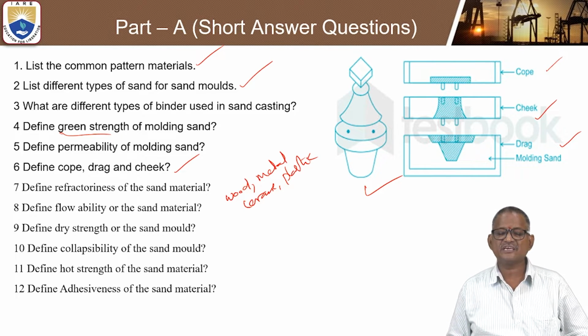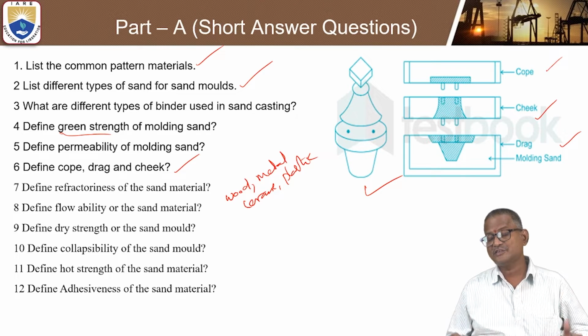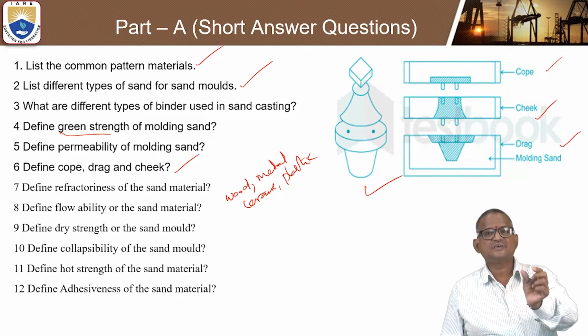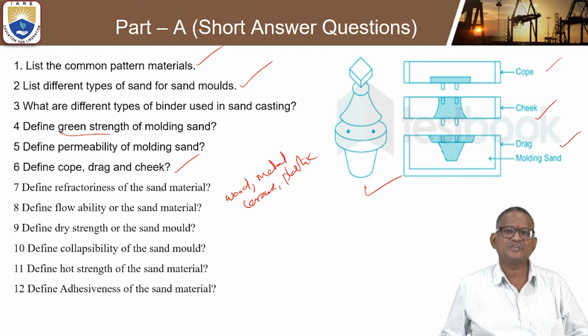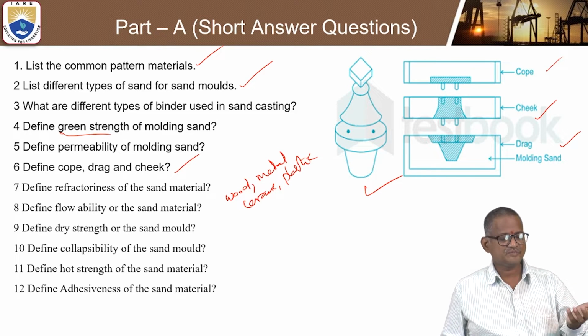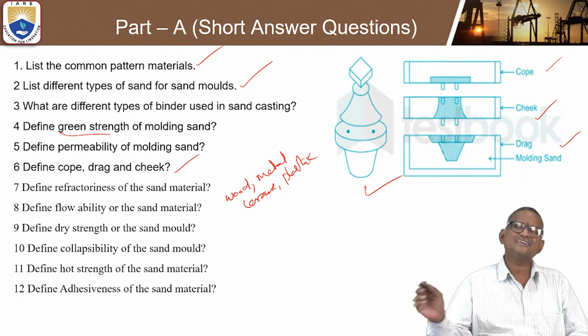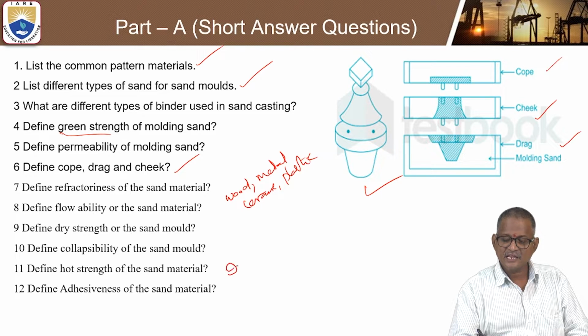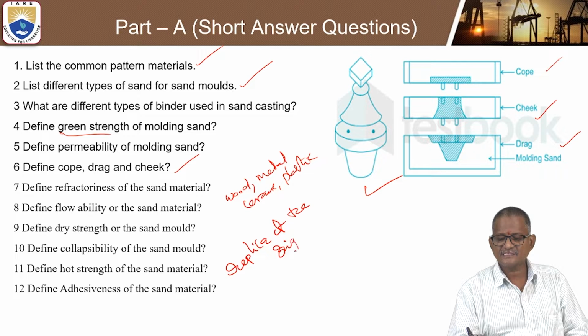This is the way to answer the short questions. The relevant technical term is very important. For example, to define the term pattern, you should not write histories. The term pattern can be defined as the replica of the original casting.